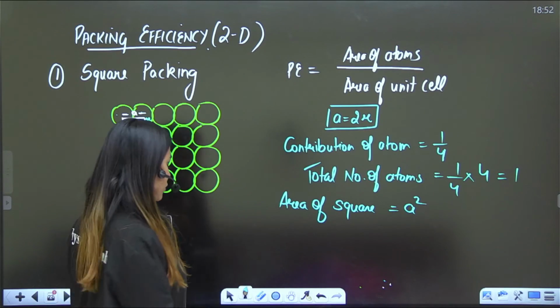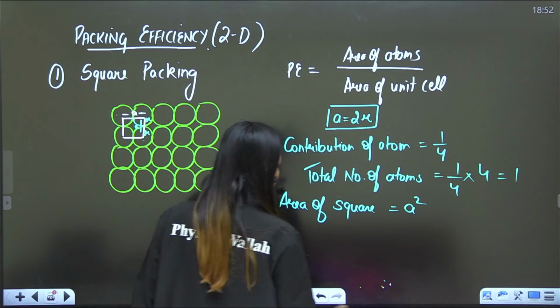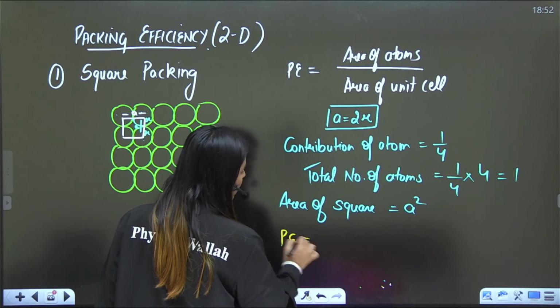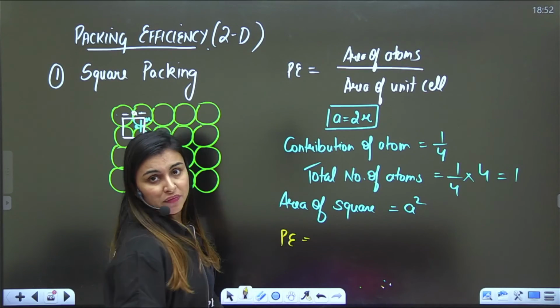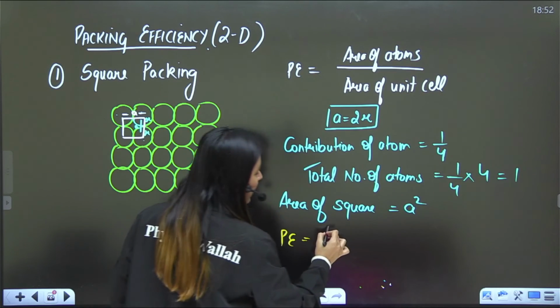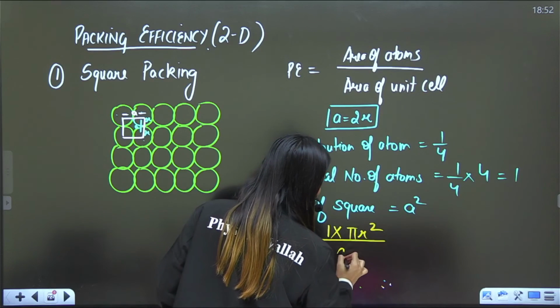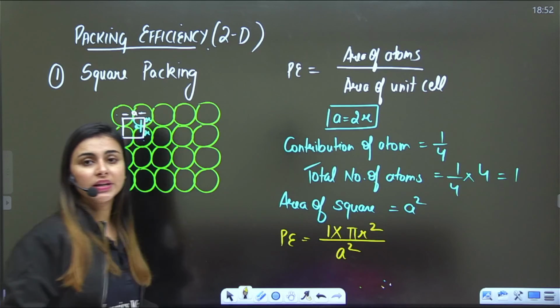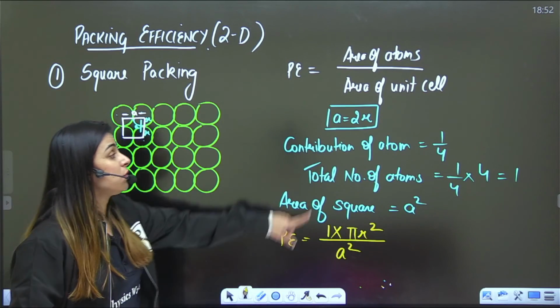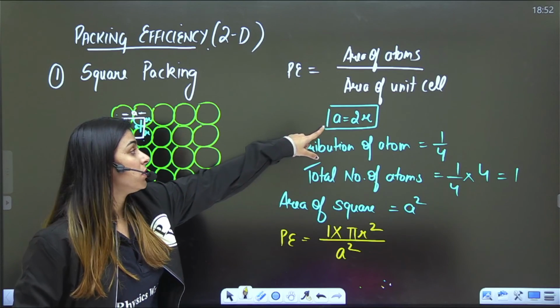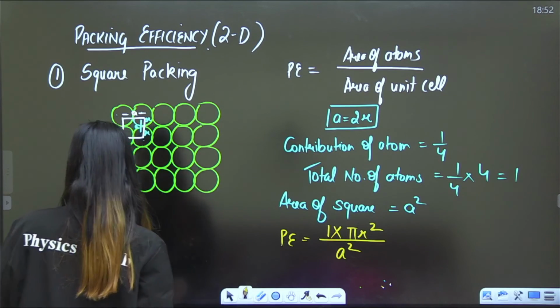So now let's try to calculate the packing fraction. Easy. Your packing fraction is actually equal to the total area of atoms. How many atoms do you have? 1. And what is the area of one atom? Pi r square, divided by A square, the area of your unit cell. Okay, I know the relation of A and R, so I'll use it in this.